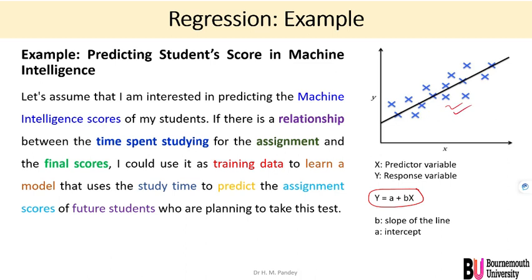So here in this example, as a tutor, I would like to predict the machine intelligence score of my student. I'm teaching in a class, and this teacher is teaching a unit called machine intelligence.